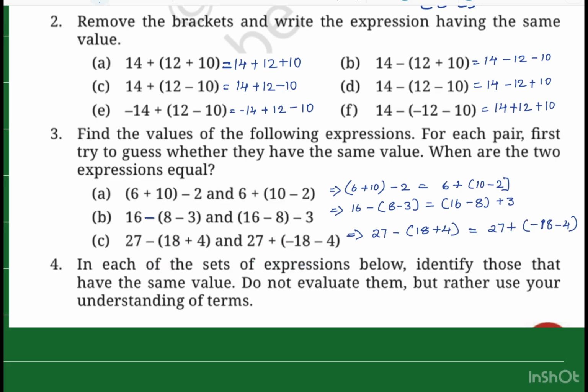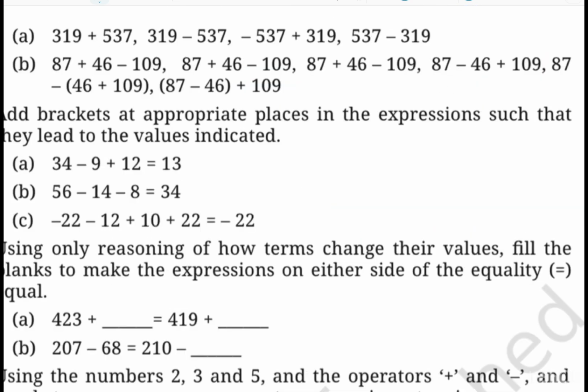Next question, in each of the sets of expressions below, identify those that have the same value. Do not evaluate them, but rather use your understanding of terms. First question, 319 plus 537.